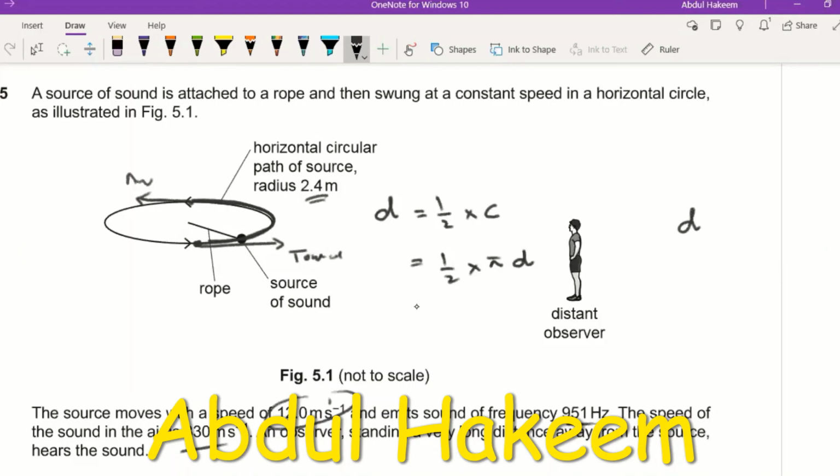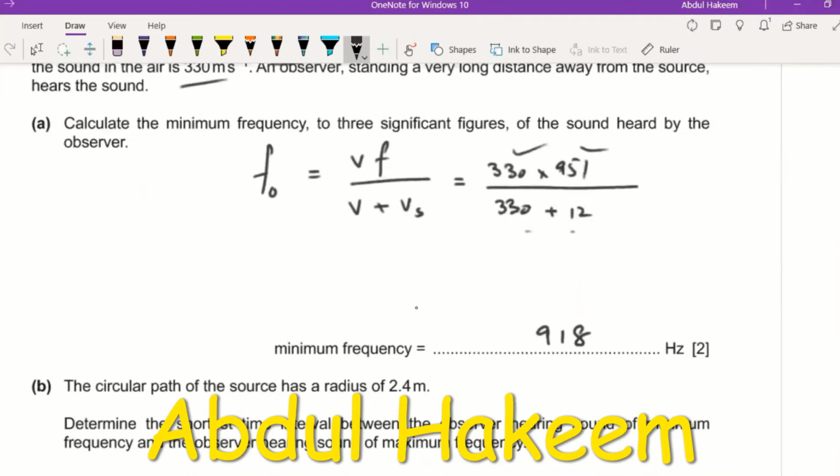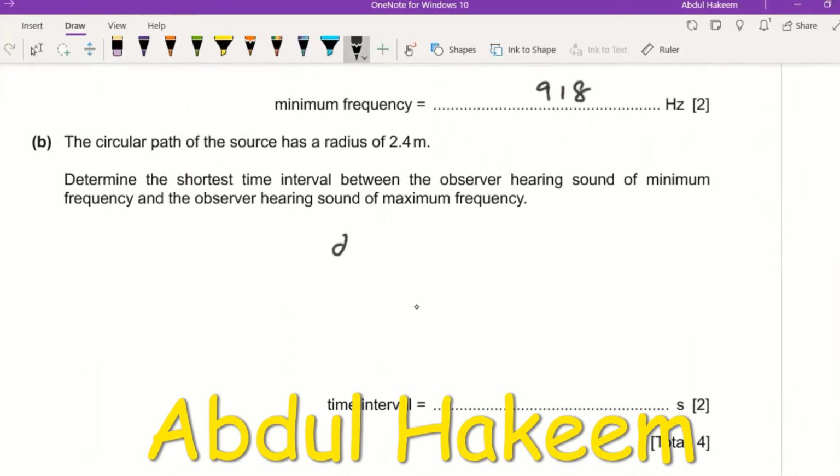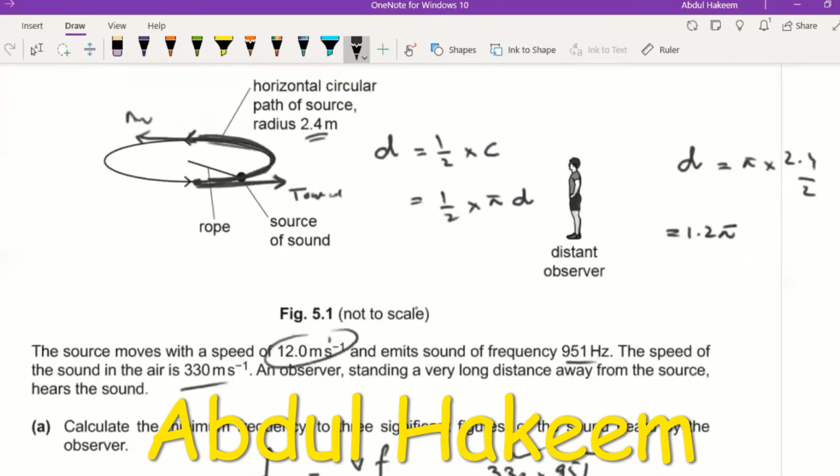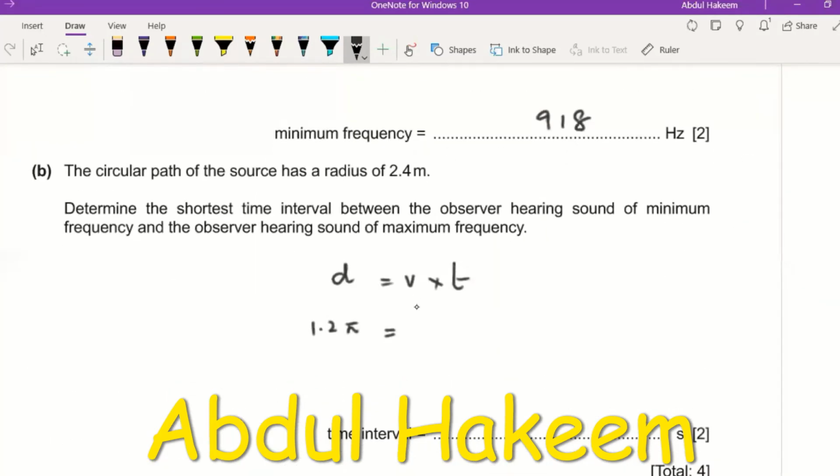So the distance covered from towards position to the away position is pi multiplied by 2.4 divided by 2. So it's 1.2 pi. Now the time is required. So distance is equal to speed multiplied by time. So it is 1.2 pi. Speed of the source to move from this point to this point is given 12, and the time is required.